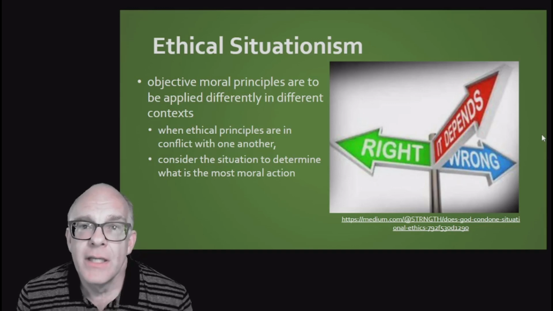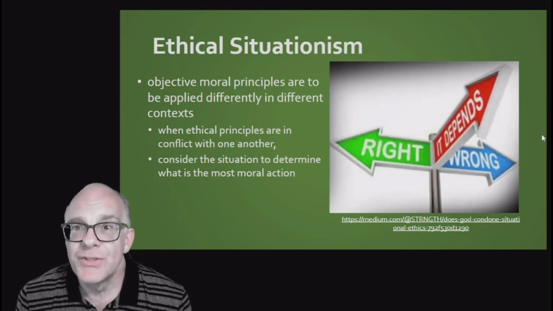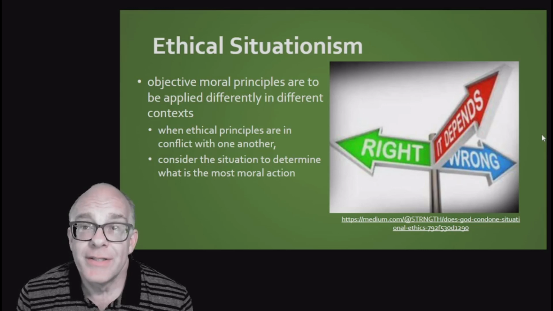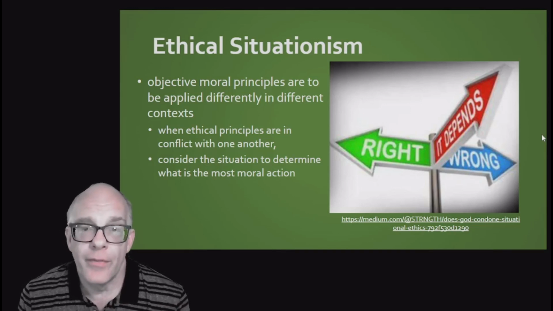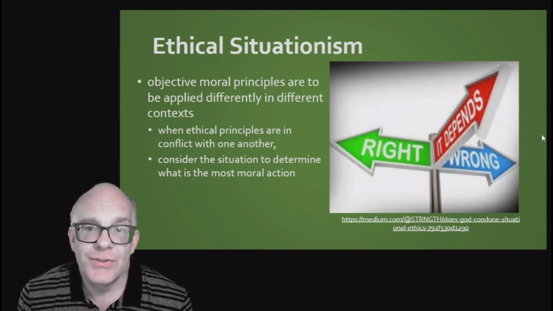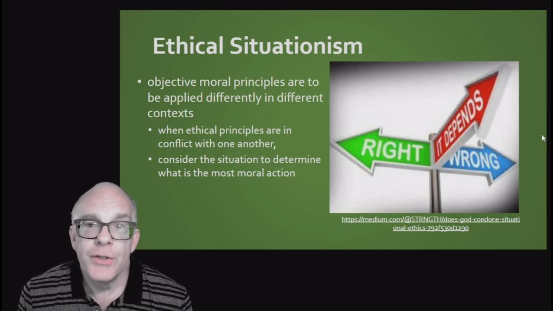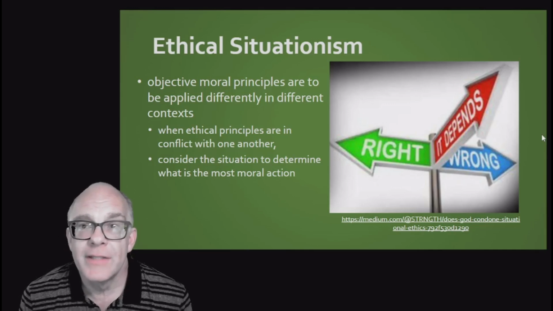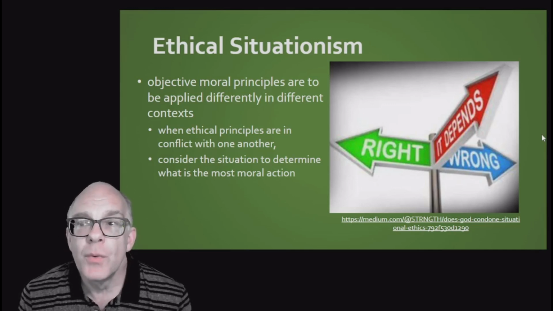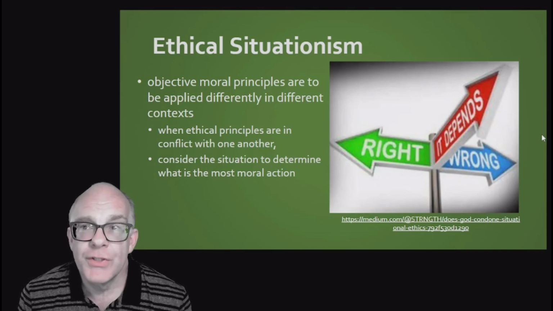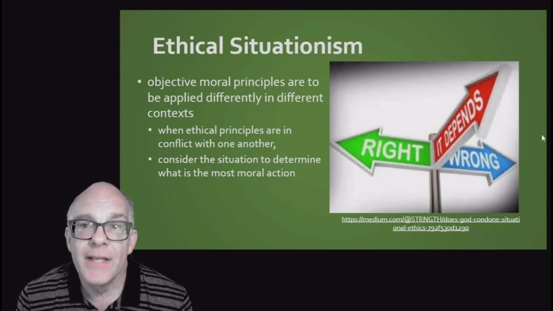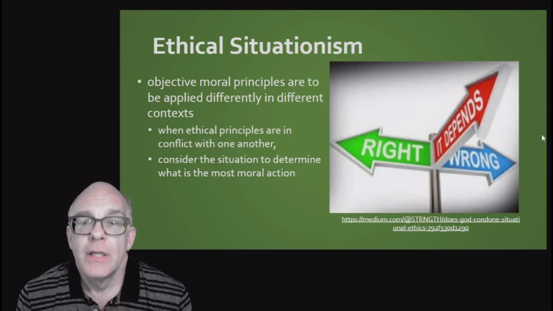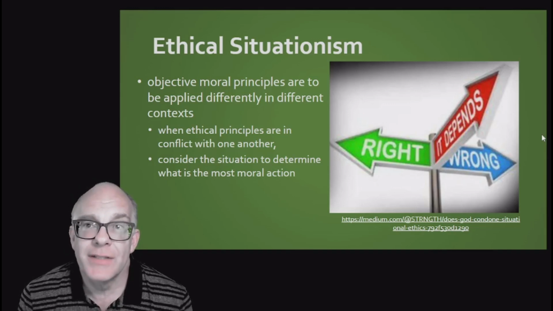And so this concept of ethical situationalism: we've got ethical principles that are in conflict with one another. Do you kill 1 person to save 4? Do you steal bread to provide food for your nieces? What you have to do is not make a decision of right versus wrong. You have to make a decision based on the situation in order to determine what is the most moral action under these distinct circumstances.